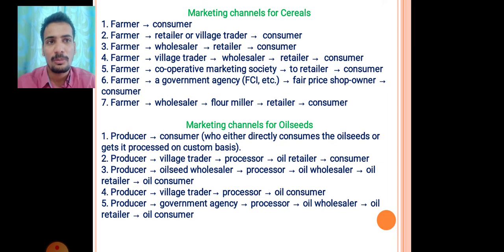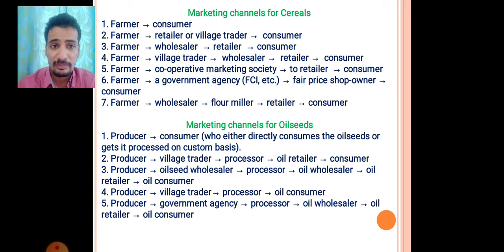Now the most important marketing channels for cereals. The first channel is farmer to consumer, direct selling. Second, farmer to retailer or village trader to consumer. The marketing functionaries or middlemen are the retailer, wholesaler, village trader, cooperative marketing society, government agency, and village traders.